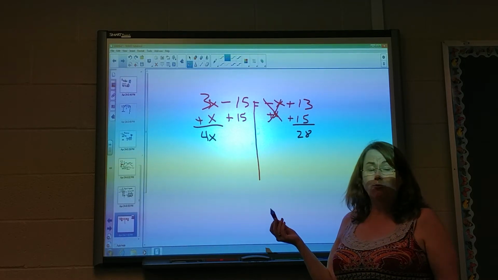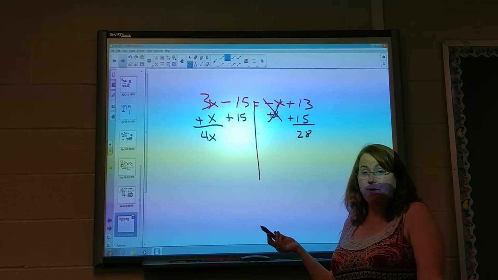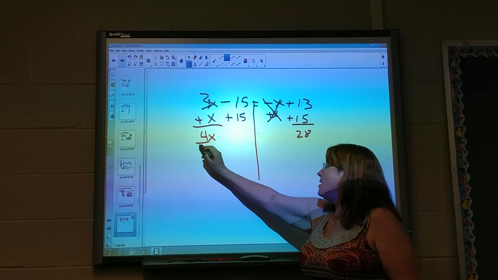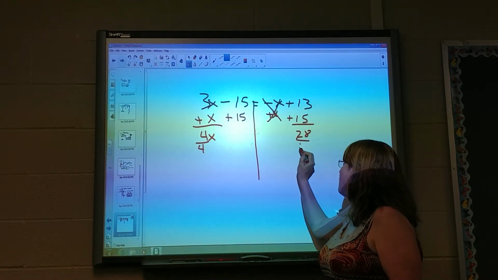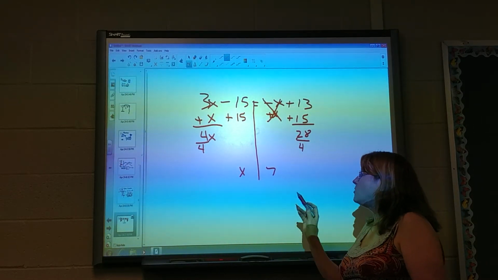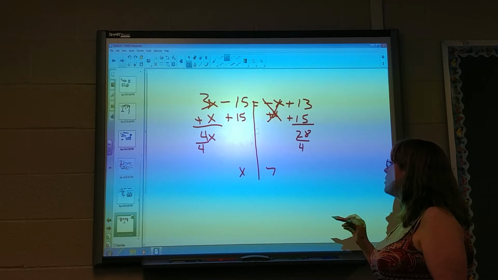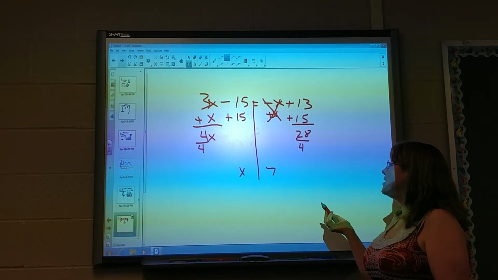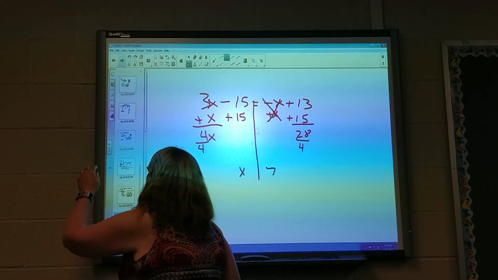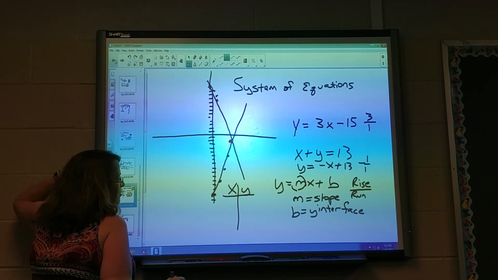You may know 4 times 7 is 28, and that's great if you do. If not, you divide this side by 4 and this side by 4, and you get x is equal to 7. Now you're going to plug that into one of these sides, or you can plug 7 into both of them, and you're going to get what y is. So x is 7. Let's go back a page. We know that x is 7.